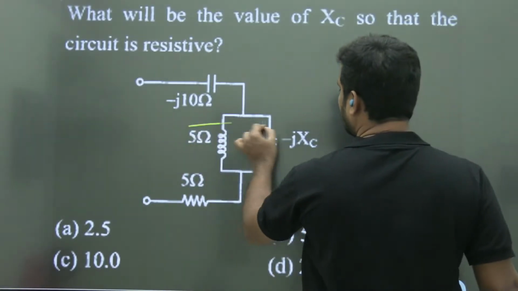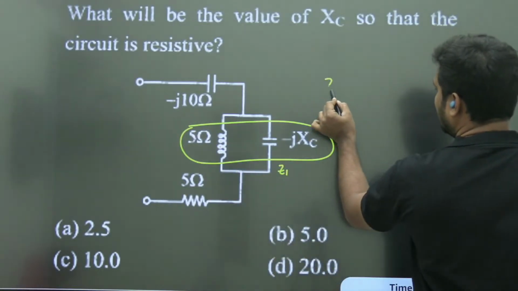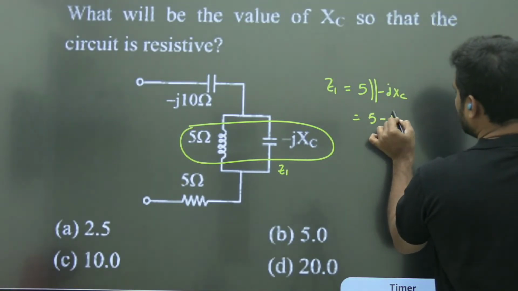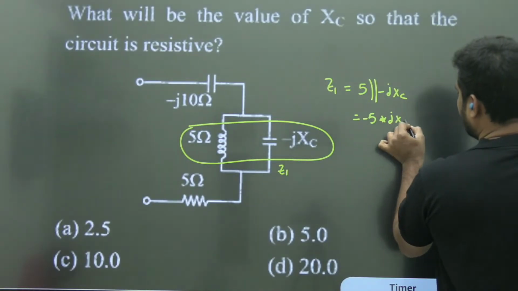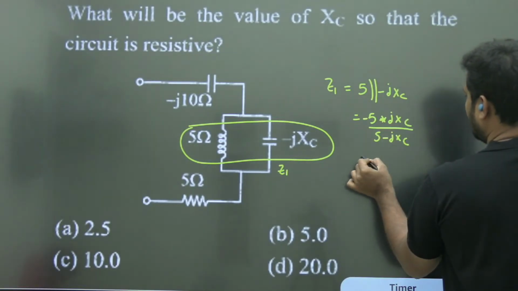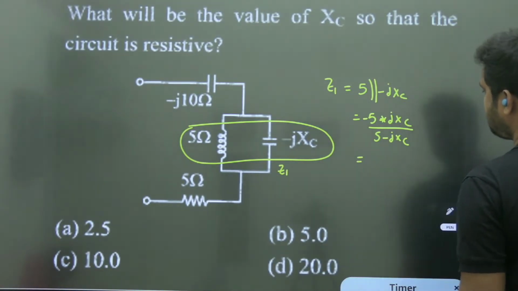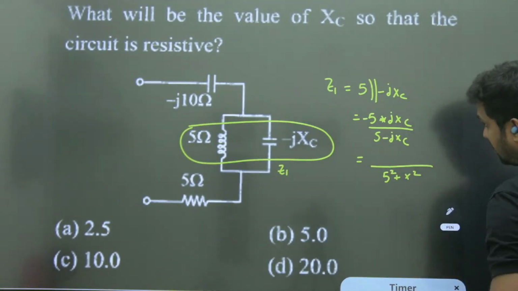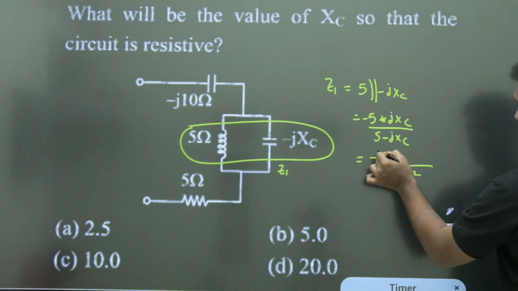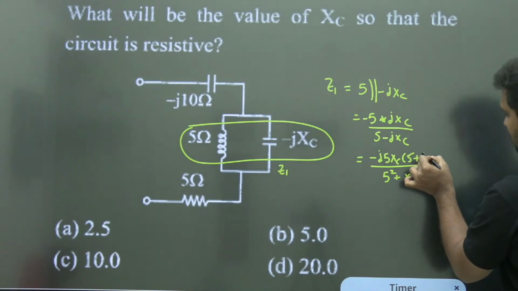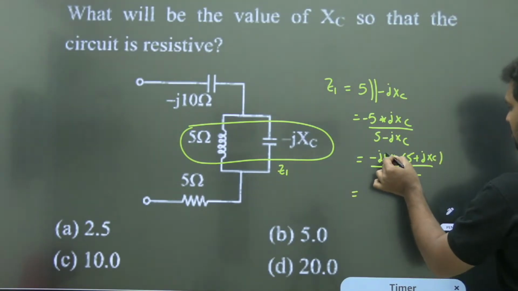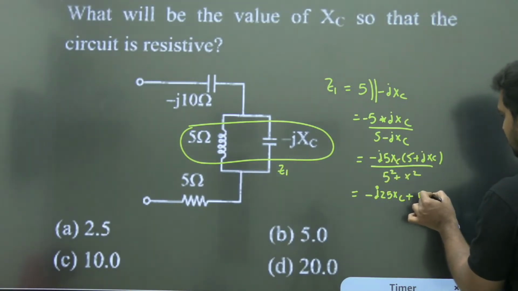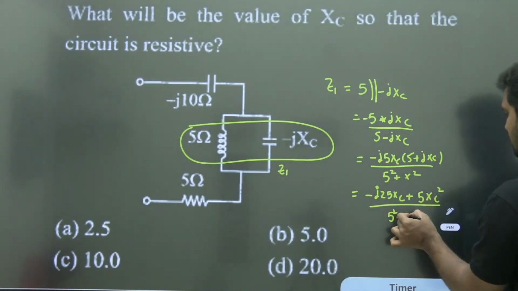So what is the Z1 here? 5 parallel with minus jXC, that is 5 into minus jXC by 5 minus jXC. Multiply numerator and denominator by the conjugate, 5 plus jXC, giving minus j25XC plus 5XC squared over 25 plus XC squared, since j squared is minus 1.